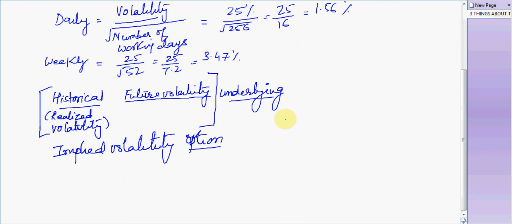If you remember, in the Black-Scholes model there was a volatility input, and if you put in this volatility input as per whatever your assumption is, you would get, say, an option value of $2. But then you go into the market and you want to trade this option, and you find that it is selling for $3.